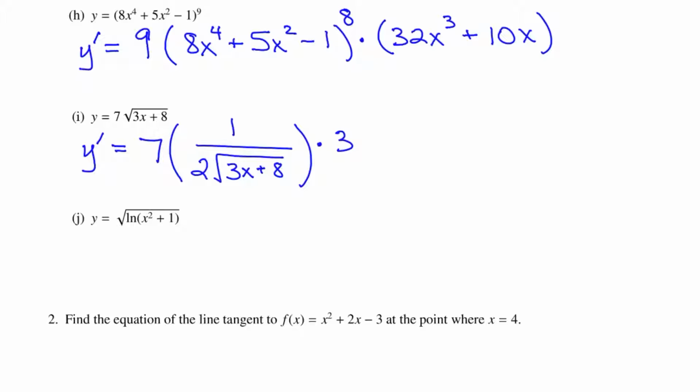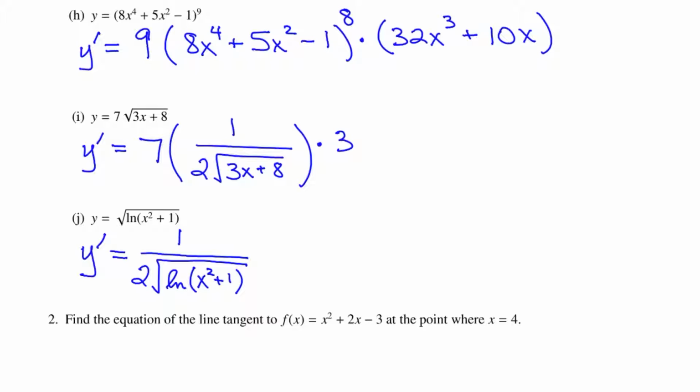And finally, for J, we have y is equal to the square root of the natural log of x squared plus 1. So this is a double chain rule. So we're going to have y prime is equal to the derivative of the outermost function. The outermost function is the square root function. So that's 1 over 2 square roots of, and then everything that was inside the square root, natural log of x squared plus 1.